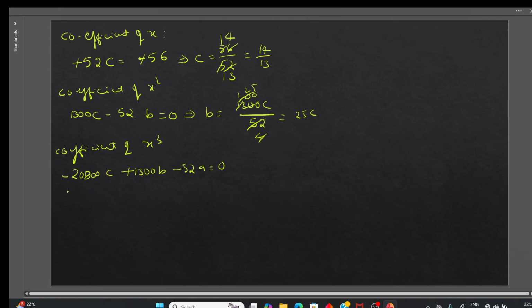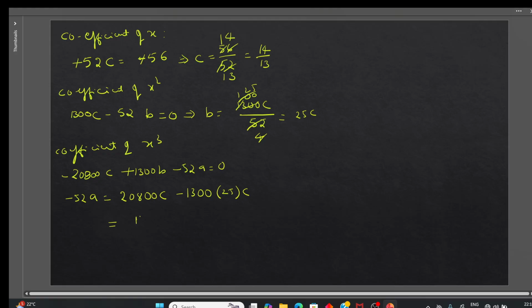Simplify this: substitute the b value and we get minus 52a is equal to 20,800c minus 1300b. What is the b value here? We get b value is 25c.